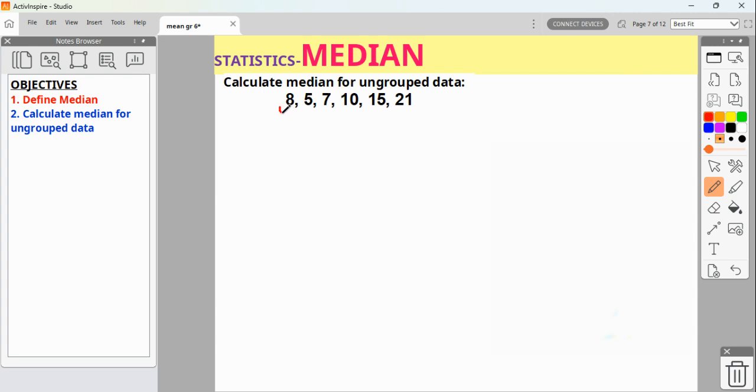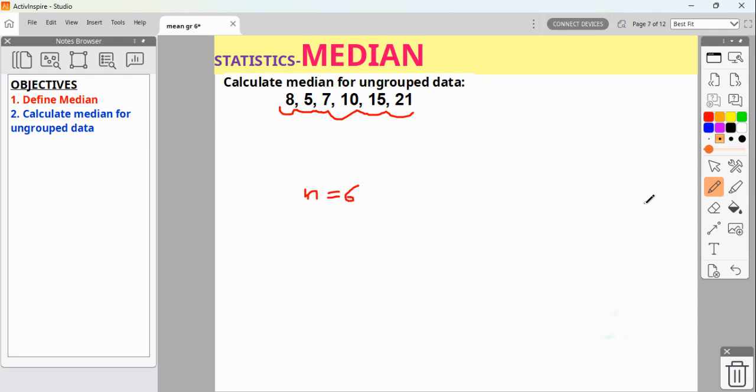So like you can count 1, 2, 3, 4, 5, 6. Like n means number of quantities. The number of quantities is 6. N is equal to 6.